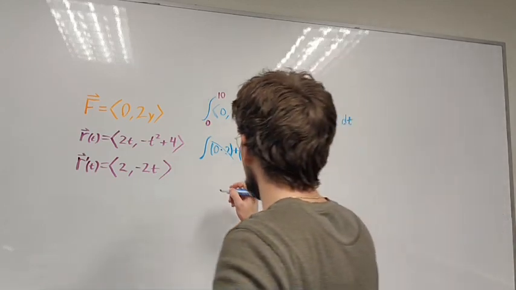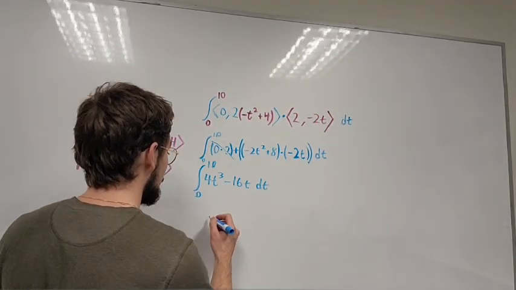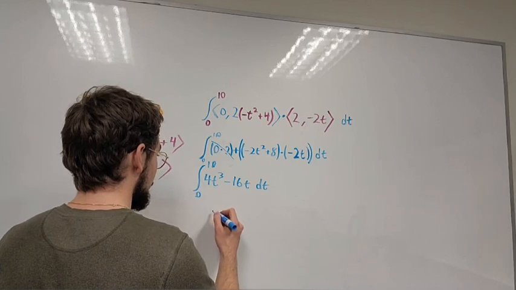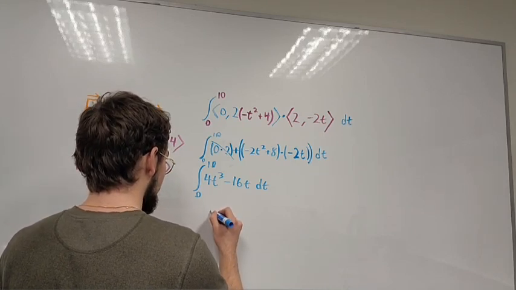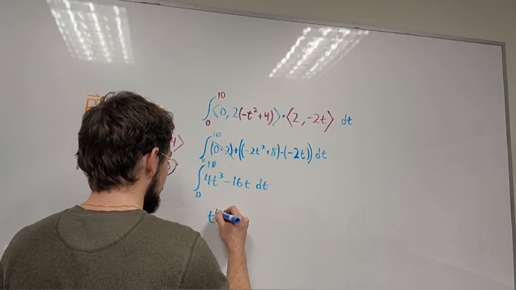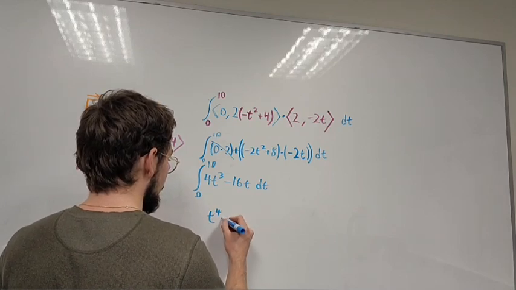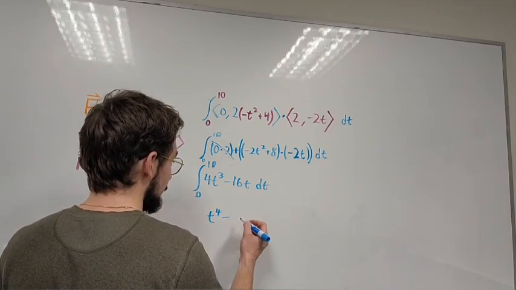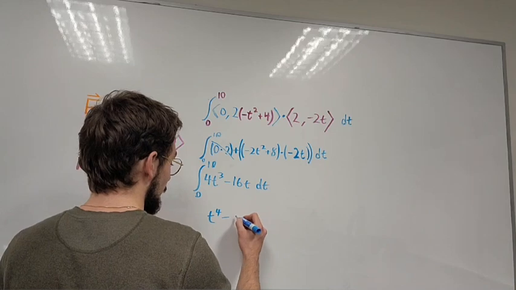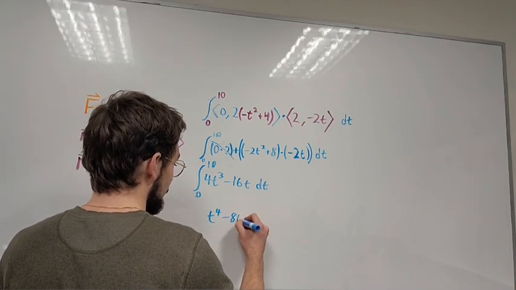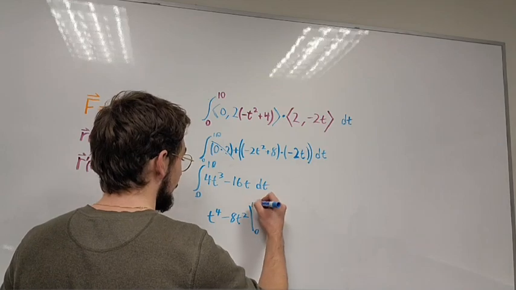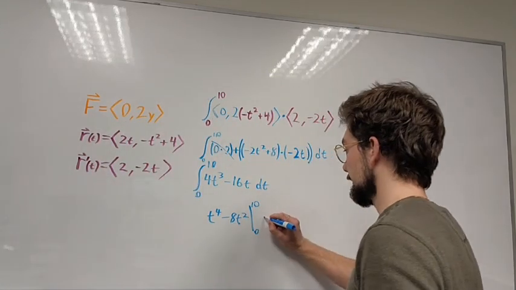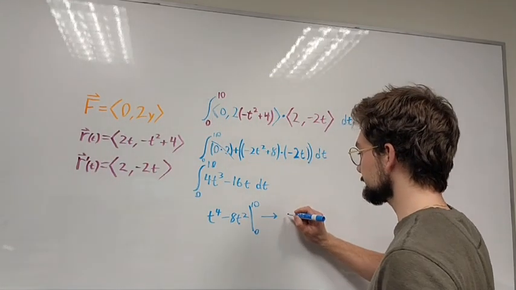So let's write that out. All right, so we got, oh, that's perfect. We'll end up with t to the 4th minus 8t squared from 0 to 10. So I'm going to move over here. We'll just plug that in.